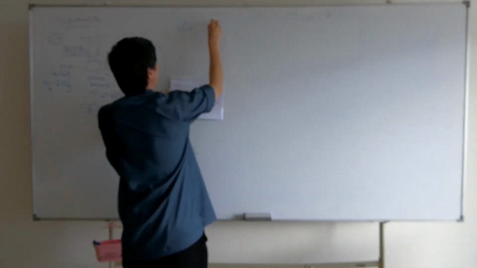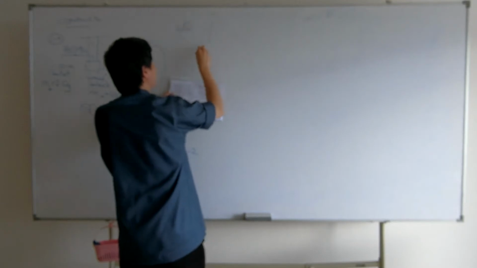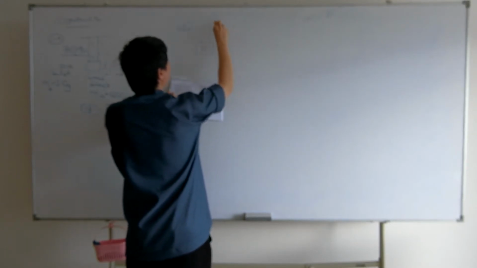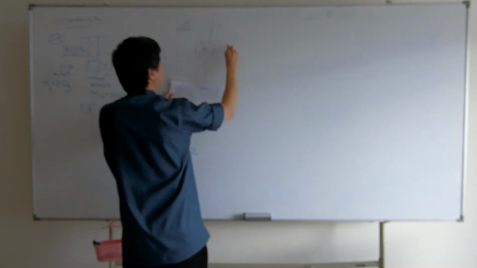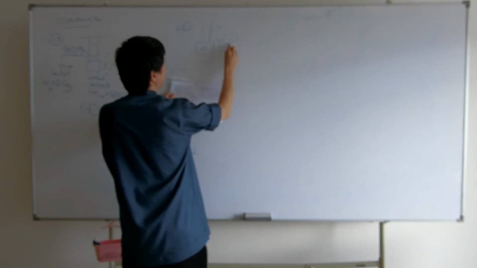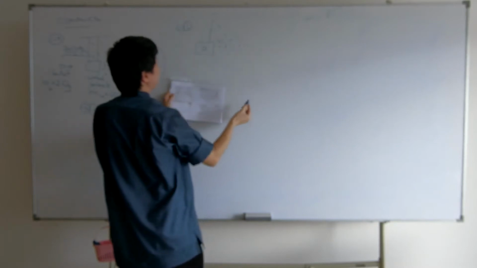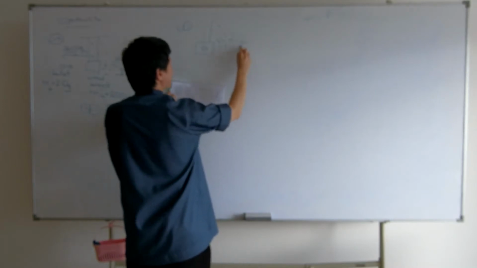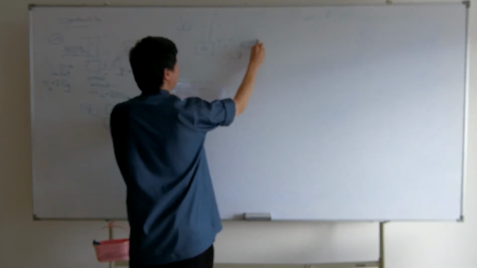Let me draw a diagram. So this is when block and bullet are here, and this is when it is up here. So this is our EGP, which we calculated just now.